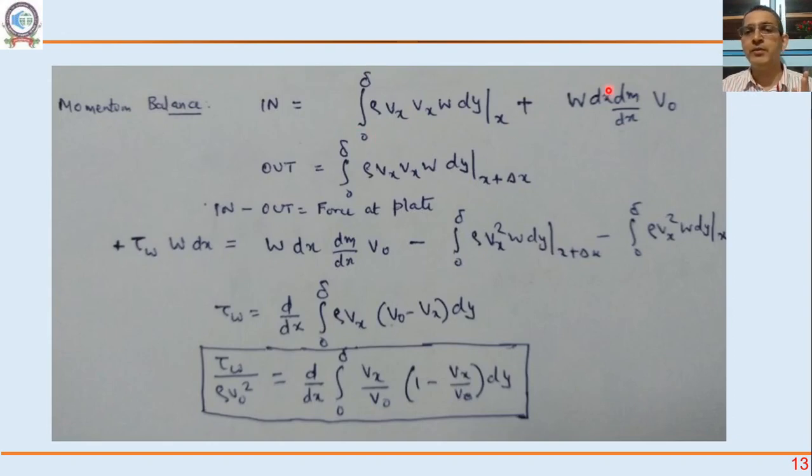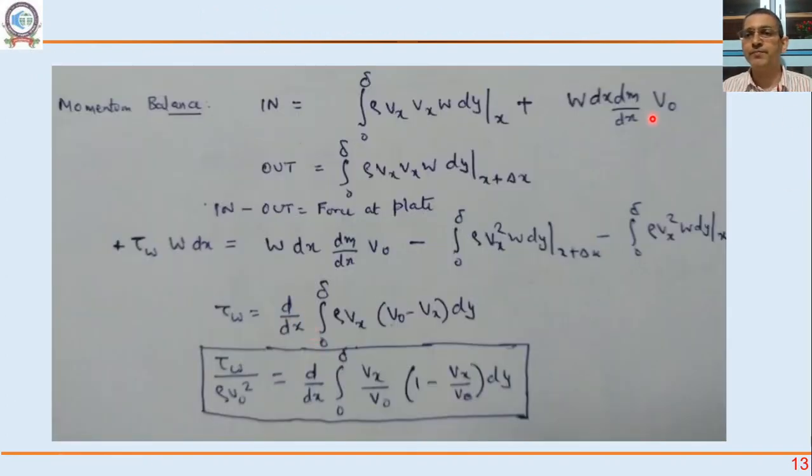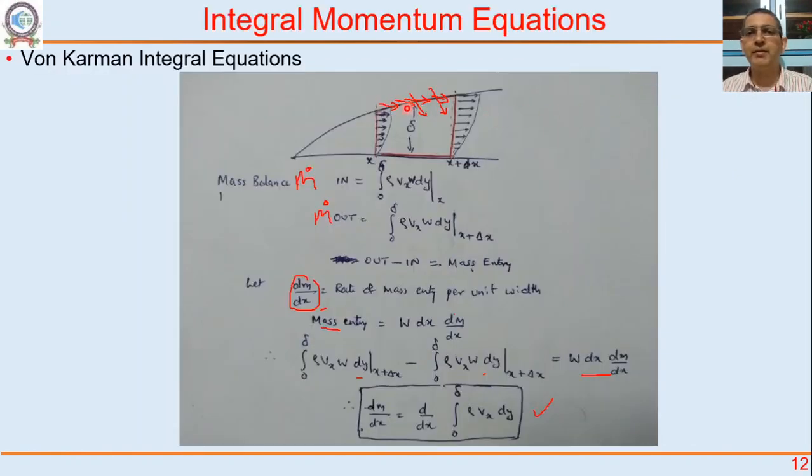Plus, now this is another important point, W into dx into dm by dx, that was the rate of mass entry. What is the velocity? The x directional velocity, since we are writing a balance in the x direction. What is the velocity in the x direction? V naught. So that's the momentum entering because of the mass entering here.